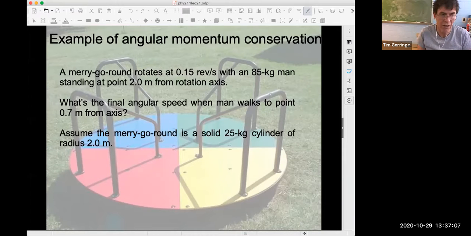In that sense, it's almost similar to the problem of the ice skater changing her speed, or me on the chair changing my speed. As we do this calculation, we're going to assume that the merry-go-round is just a solid cylinder, to keep things simple, with the man on it. The merry-go-round is a solid cylinder with a radius of 2 meters.